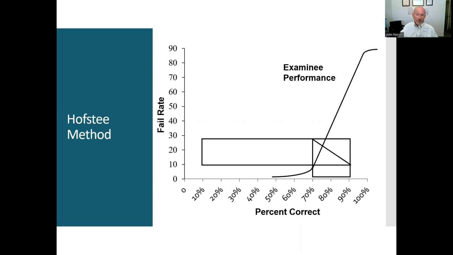Other questions about this? So these values are averages of all the judges, like your 10% and 30% fail rates are the averages that the judges give, is it? We have 5 judges. Yes, exactly.